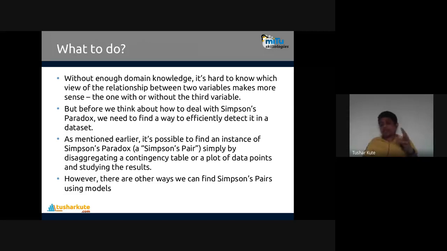Now, in this case, what operation do we have to do? What to do? Many questions are there. Why is the reason correct? Then what to do? Without enough domain knowledge, it's hard to know which way of relationship between two variables makes more sense, the one with or without the third variable. Whether you have to consider the third variable while designing a data model or whether you don't have to design that.